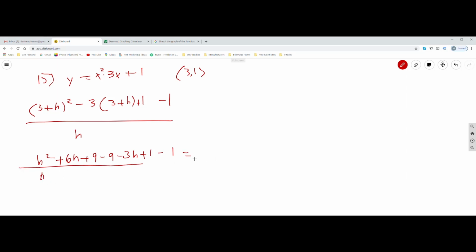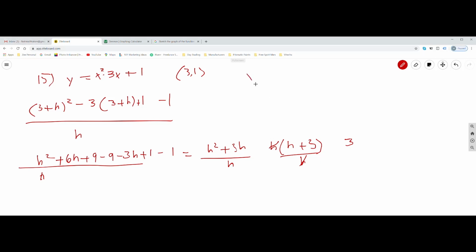You're left with h squared plus 3h over h. And take out the h. You're left with h. And if you substitute 0 for h, you get 3. So the slope is 3.